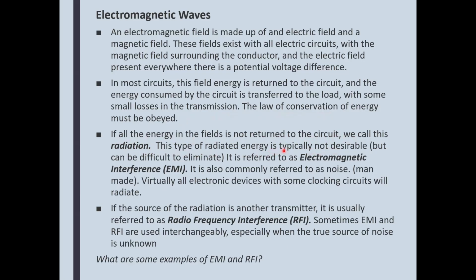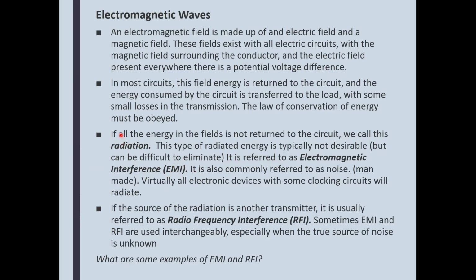Well, typically is the key word, but it can be difficult to eliminate. Where they cut the forest, the wood chips fly. That's what somebody smart said. It is referred to as electromagnetic interference.